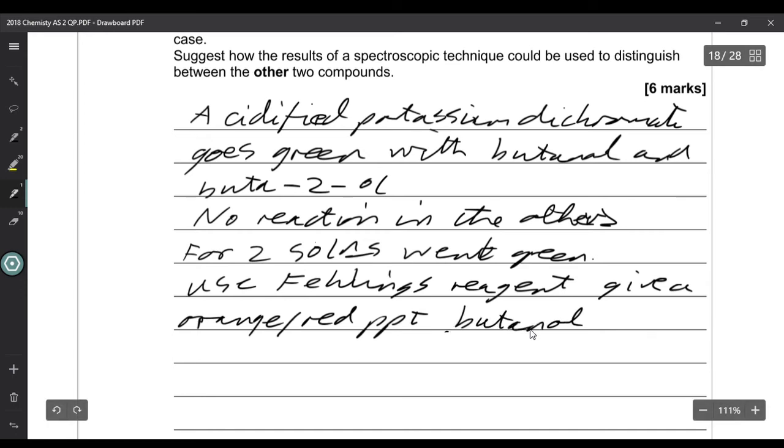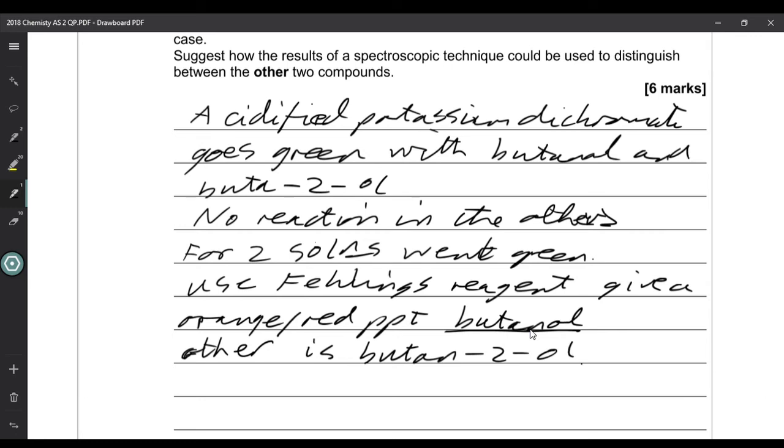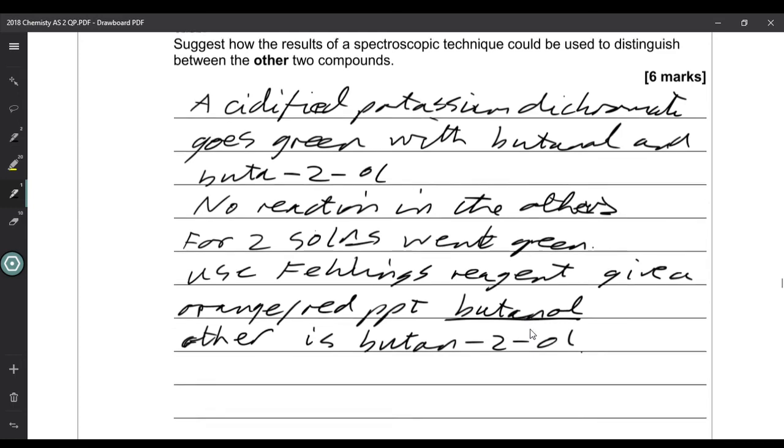So we've identified the butanol because what we've done is we've taken the 2 solutions that had gone green. The one that now goes orange-red is butanol. The one that doesn't react, so the other, is butan-2-ol. So we've identified those two solutions by test tube reactions.